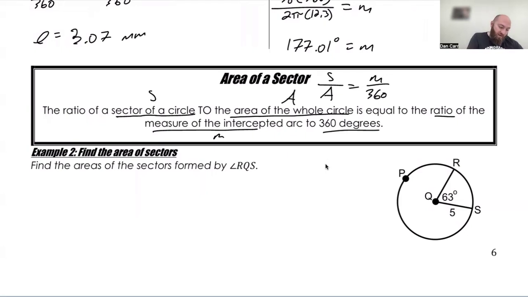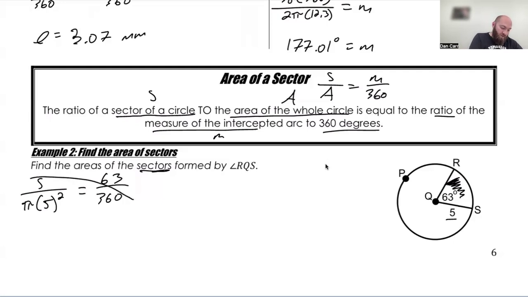So we want to find the area of both sectors formed in here. So we'll start with this one. This is 63 degrees. My radius, here it is. My radius is 5. So that means my sector area is going to be sector area over circle area, which is pi times 5 squared, is equal to my measure 63 over 360.